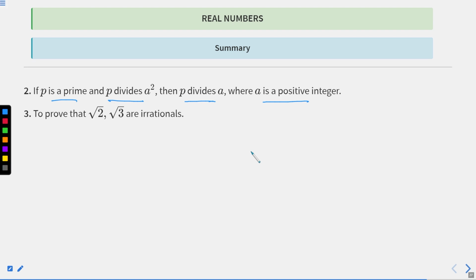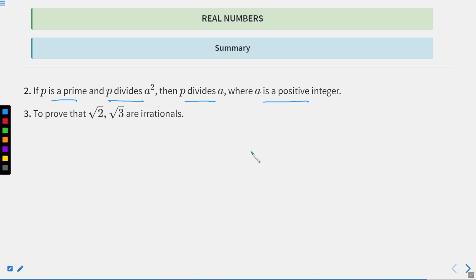By the uniqueness part of the fundamental theorem, the prime factors of a square are p1, p2, p3 up to pn.